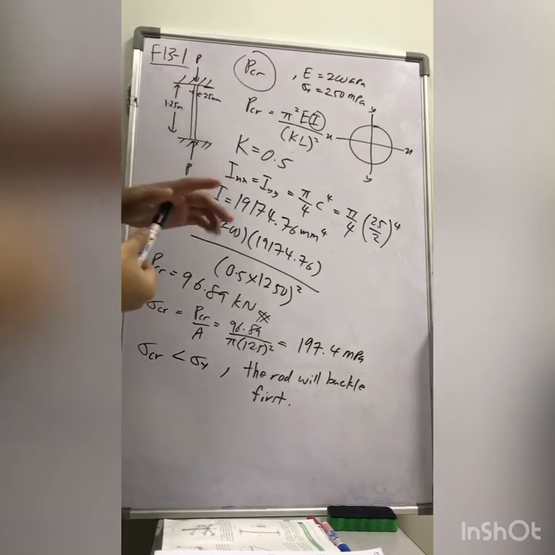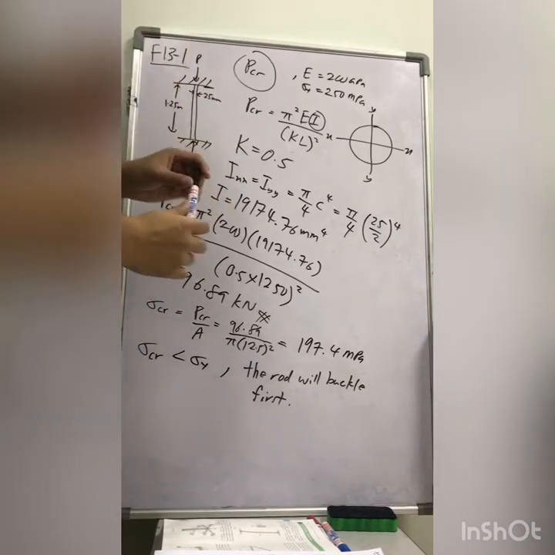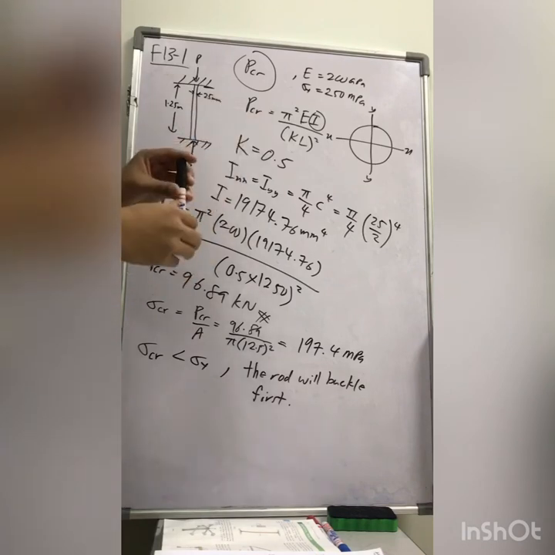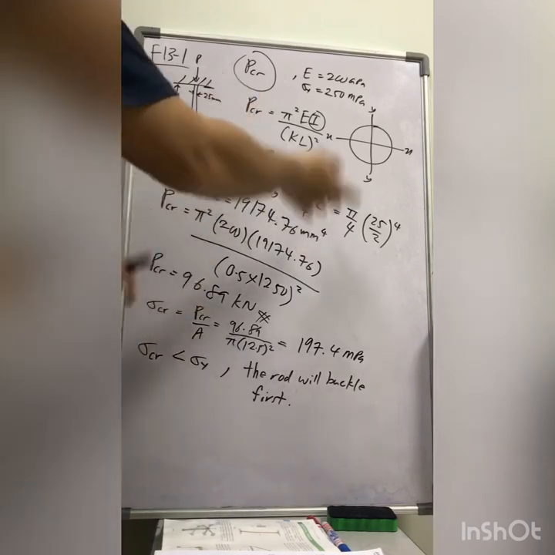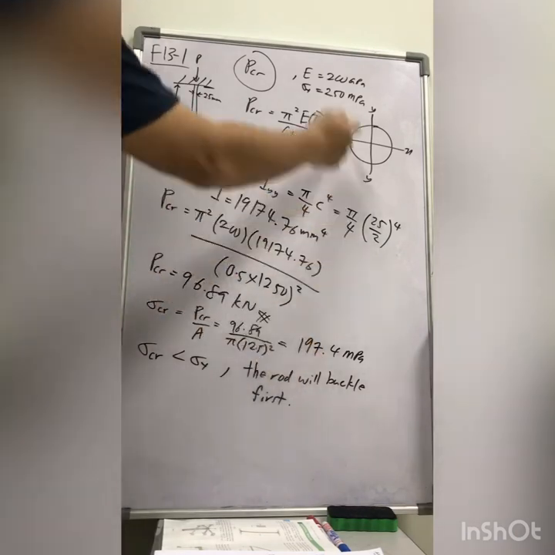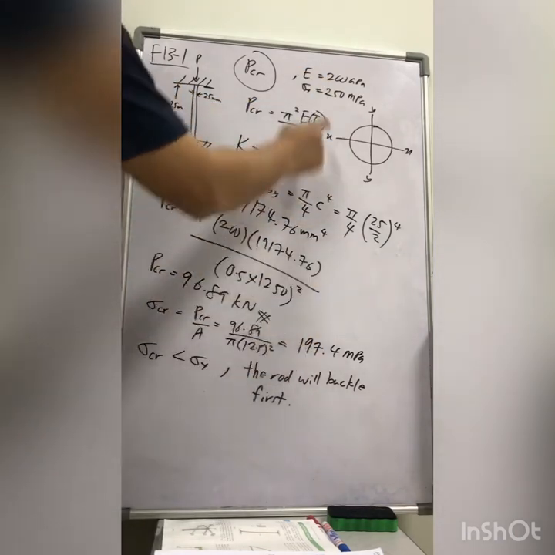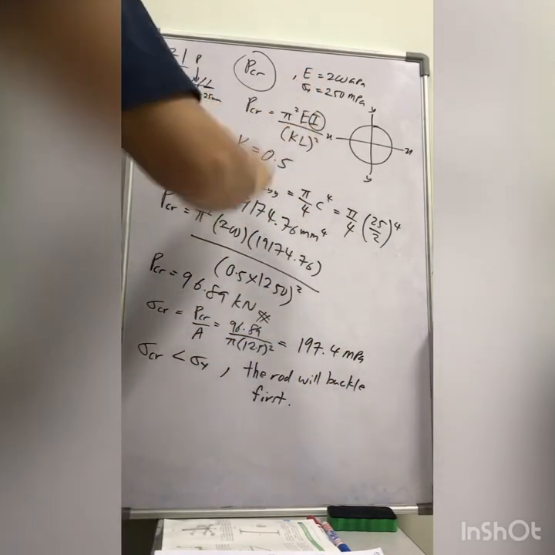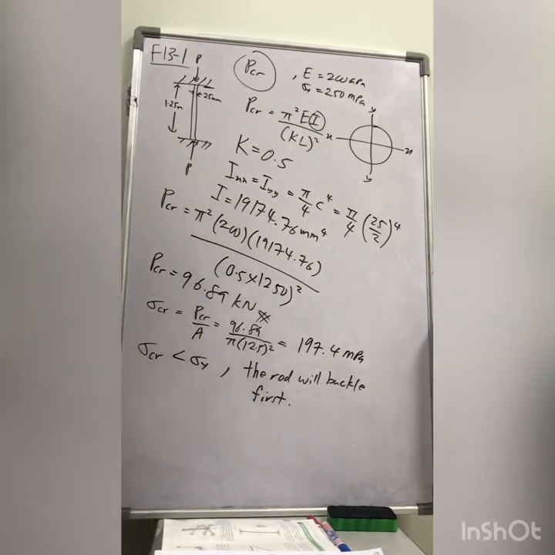The material doesn't fail, but the structure fails; it starts to buckle sideways. We don't want that to happen, so we have to check which one comes first. In this case the critical buckling load comes first, because the critical buckling stress is smaller than sigma y. So this will happen before the failure of the material.